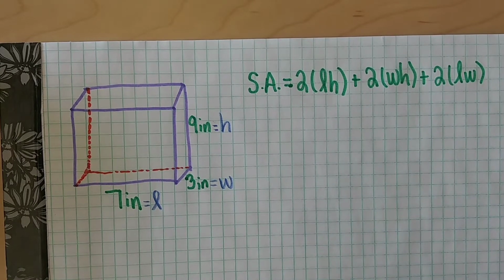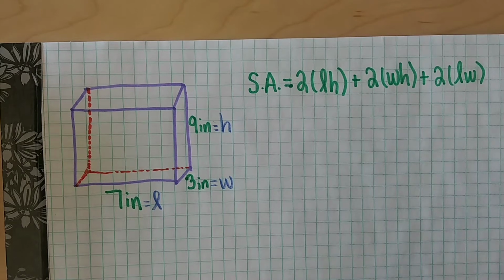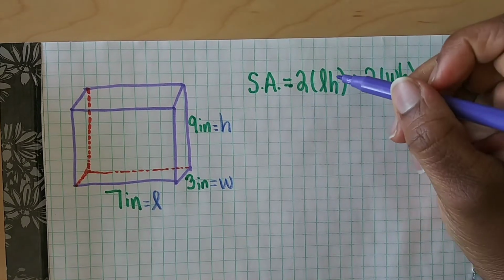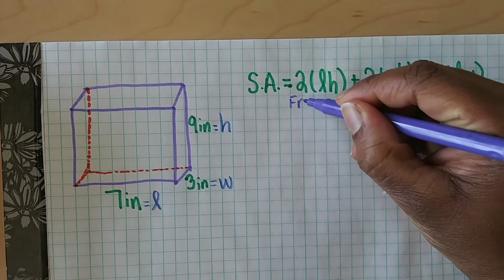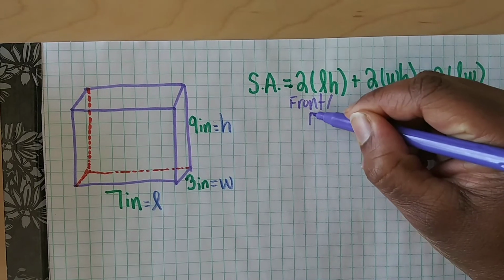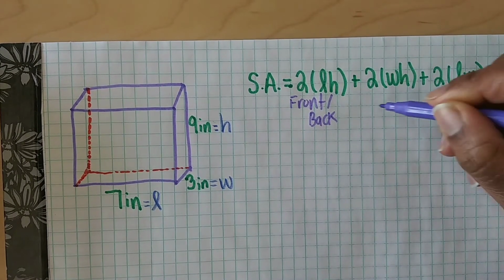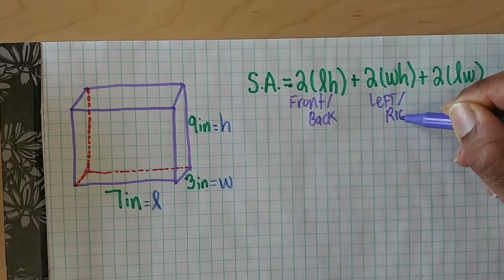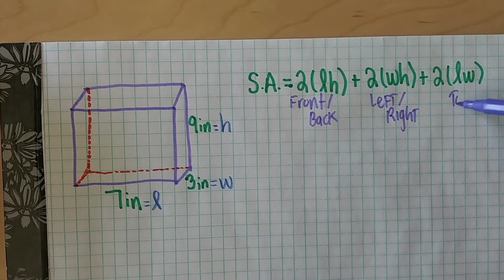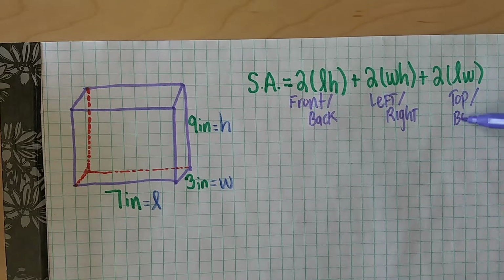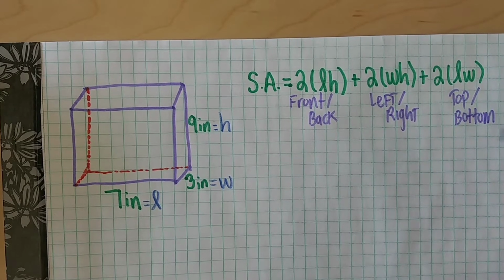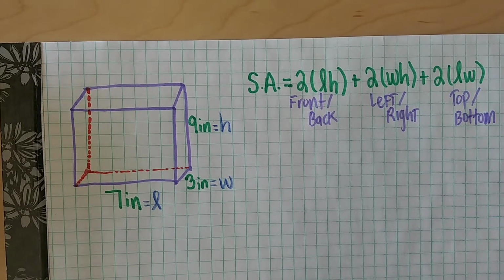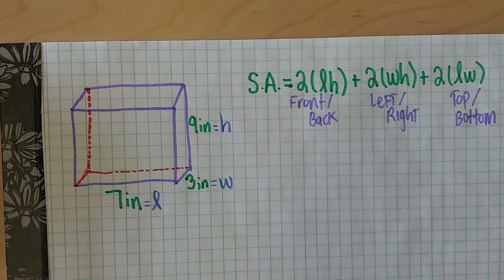Now that I have that, I do want to make sure that I do not get this confused. So as I fill in the numbers, this will be my front and back. This right here will be my left and right. And this will be my top and bottom. The only thing I need to do now is fill in the formula with the correct dimensions.